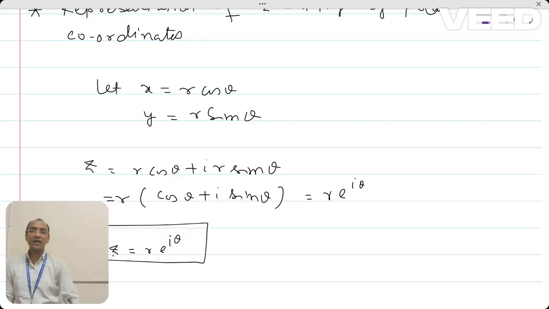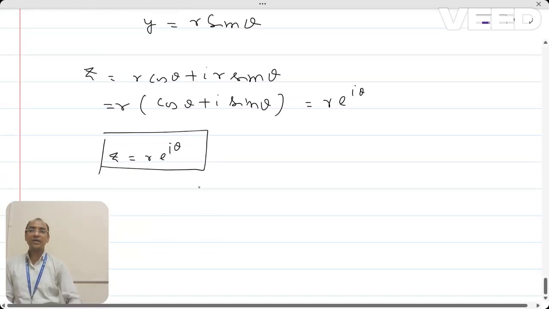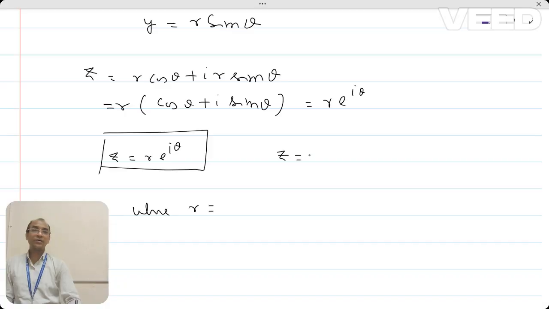So what is generally r? Where r is nothing but, if I have z equal to x plus iy, then r will be nothing but root over of x square plus y square, and theta will be nothing but tan inverse of y by x.